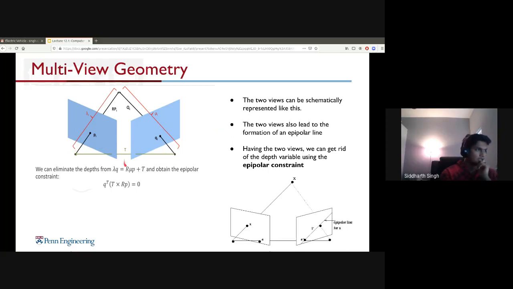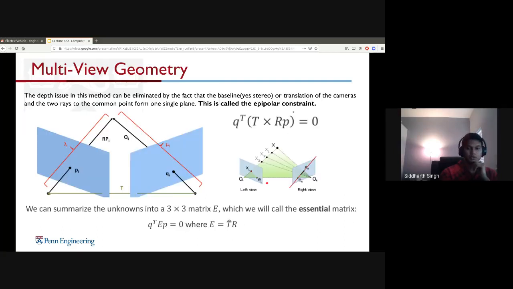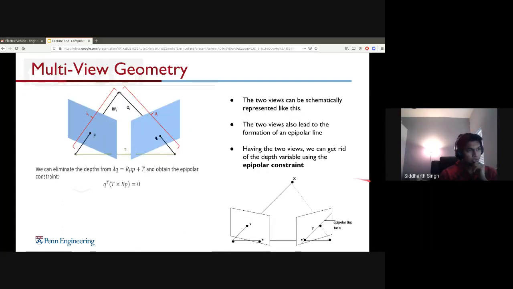So having this formulation and looking at the same point leads to a very nice special feature of multi-view geometry, which we call the epipolar constraint.